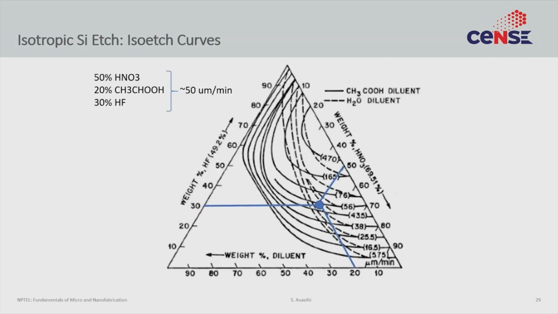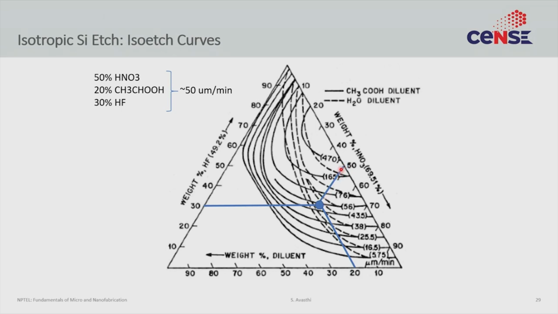Now suppose we are looking at a unique composition. So let's take an example. Supposing you are dealing with a composition that is 50% HNO3, 20% acetic acid and 30% hydrofluoric acid. Let me grab my pointer real quick. Where is this composition on this iso-etch curve? All right. So the way to find that is you have 50% HNO3, so you go to the 50% point and you draw a line exactly parallel to the tick mark.